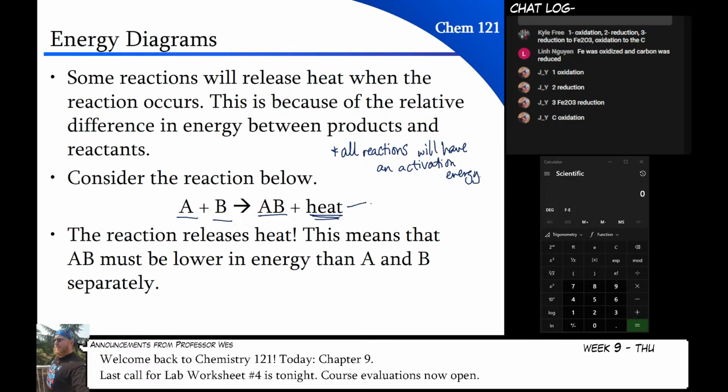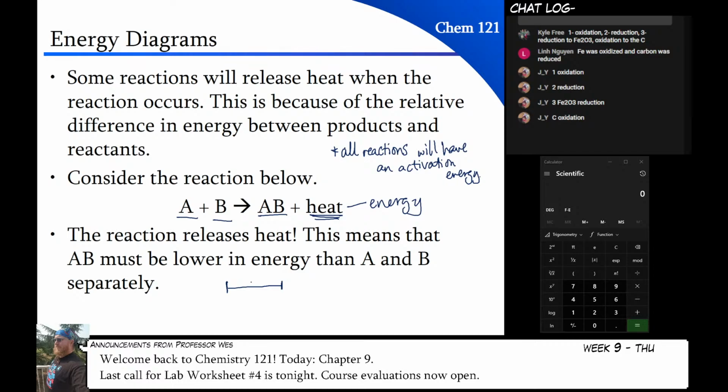If I mix A and B, I produce some product AB, but I also produce heat. Heat is a form of energy. And if heat is released, then that tells you that AB must be lower in energy than A and B separately, because the difference between those two, the reactants and the products, is the heat that is released. So you could think of it something like this.